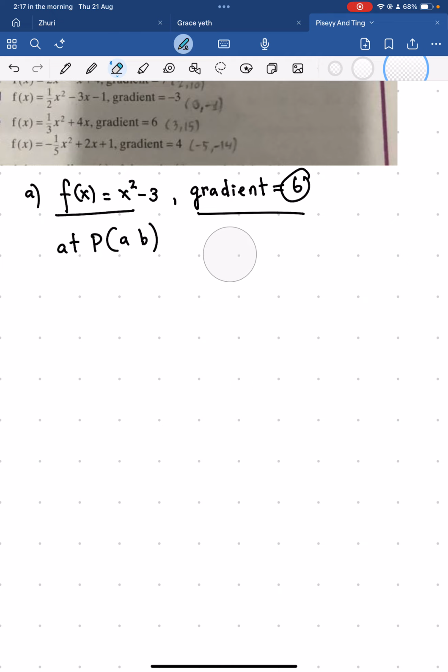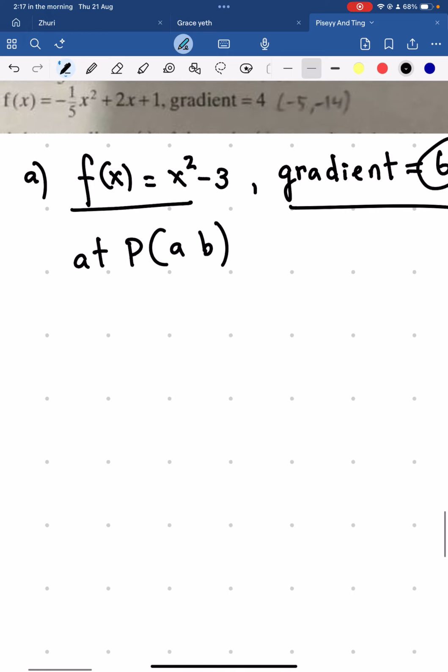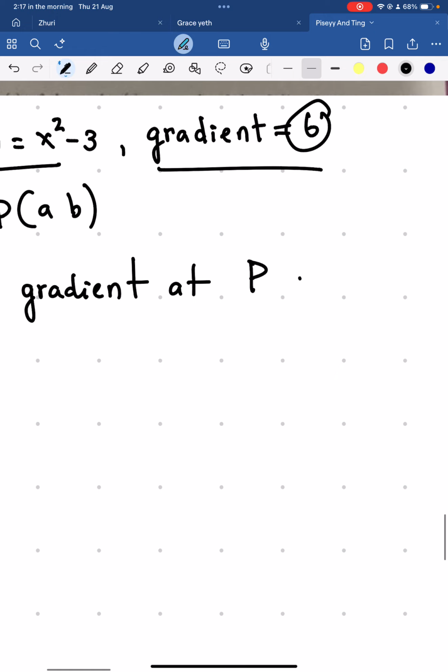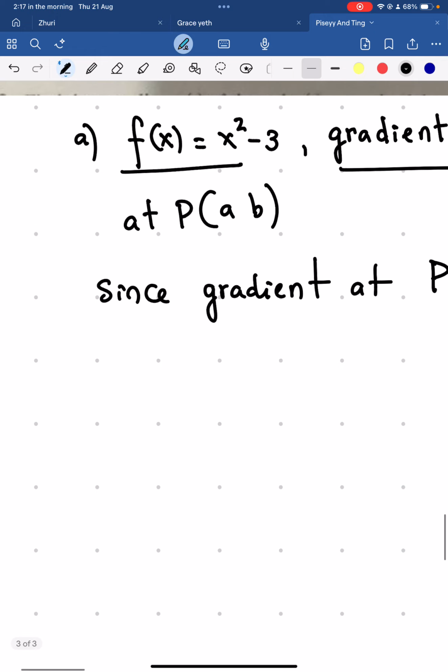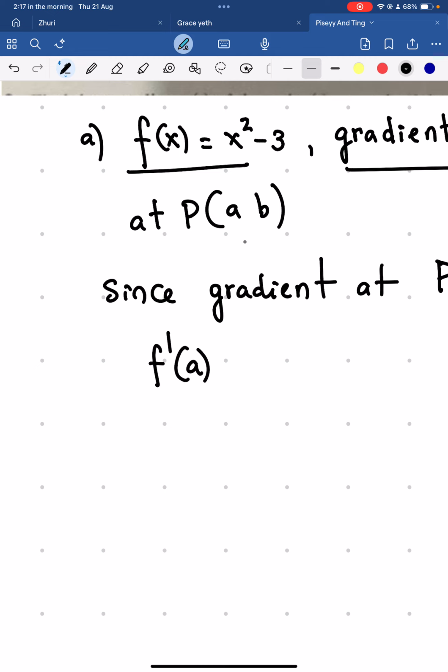So let's solve the question. Since the gradient at P is 6, we consider f prime of A, where I denoted A as the x-coordinate of P and B as the y-coordinate of P, equals 6.